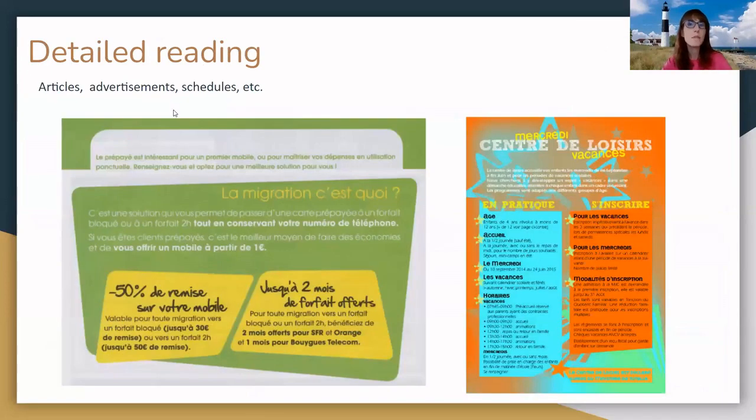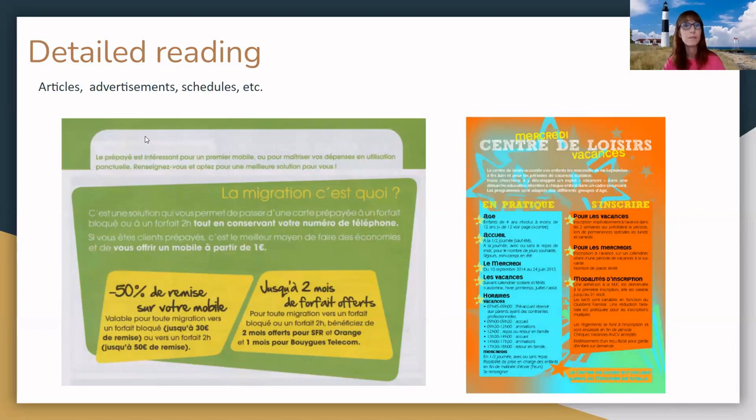All right, so another authentic resource we can get into is detailed reading. These are going to be for the upper levels. You can see we've got articles, advertisements, sometimes schedules. There's a lot more reading on here. So this is going to be for your upper level, as they're working up, French 2, Spanish 2, things like that. There's going to be a lot more for them to read to give them that extra challenge.